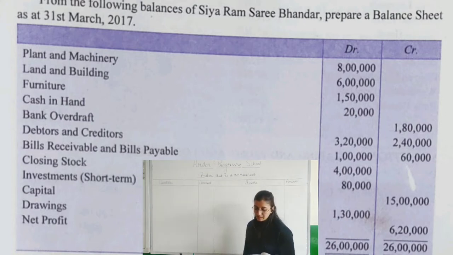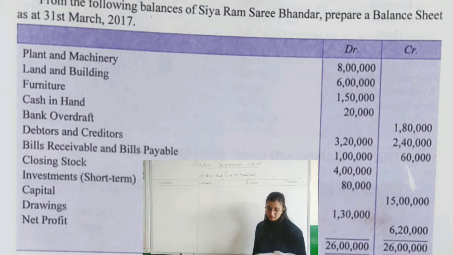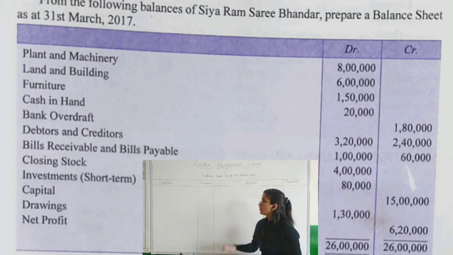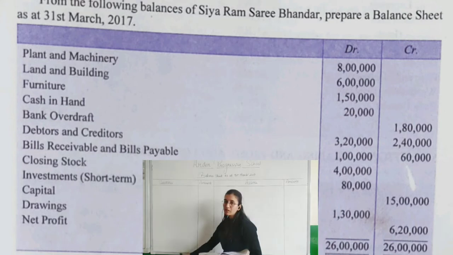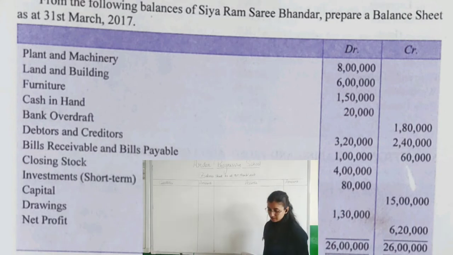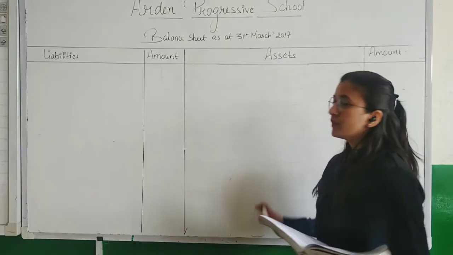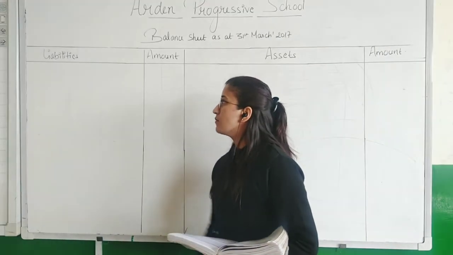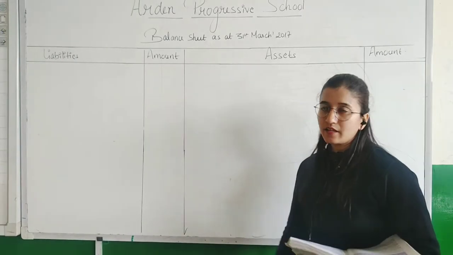Net profit rupees 6,20,000. And the total of debit and credit side is the same, which is 26 lakh. So here we will have to identify what are the liabilities and what are the assets, and which items come in the categories of the liability side and asset side.